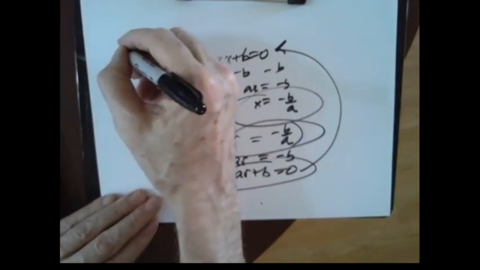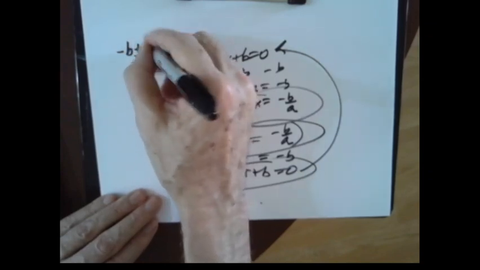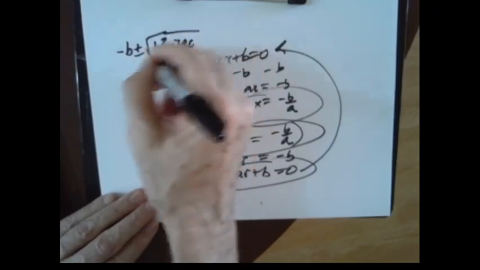And I think you can also do this one pretty quickly. Minus b plus or minus, let's do plus the square root of b squared minus 4ac over 2a. You call that an r.